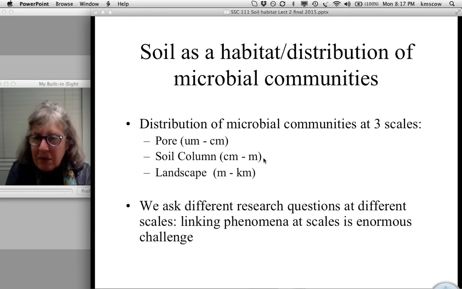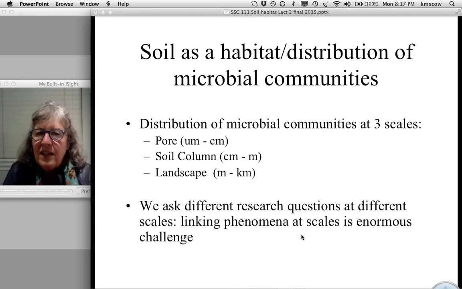The soil column scale, which is more at the centimeter to meter scale, and the landscape scale, which is meter to kilometer scale. And I think I've touched on this before as well, that in soil microbiology, we're often asking questions at really different scales and then trying to integrate across these different scales.